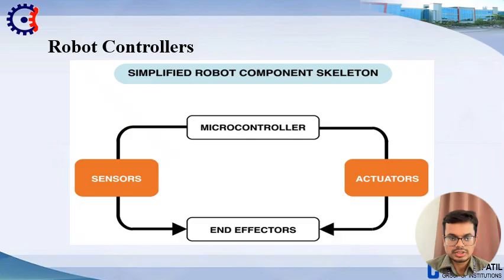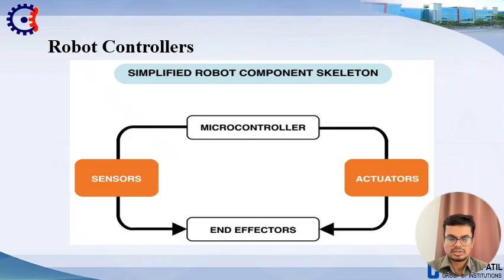Now we will be discussing robot controllers. What are robot controllers? What are the few basic components that are present in each and every robot? There are 4 components which are present in the robot. Firstly, there is the microcontroller, which is the brain of the robot, and it is a very important part through which we can give instructions and programs to the robot.